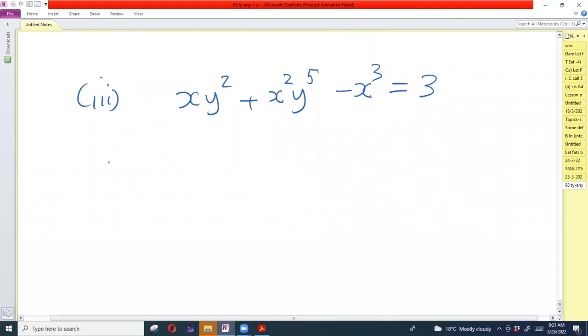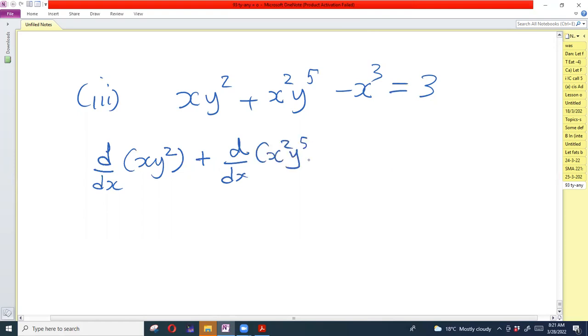So we'll have d/dx of xy squared plus d/dx of x squared y to the power 5 minus d/dx of x cubed equals d/dx of 3. So use the product rule here.